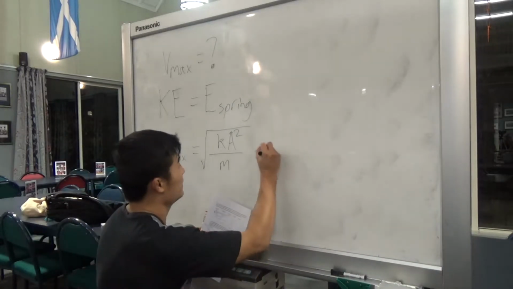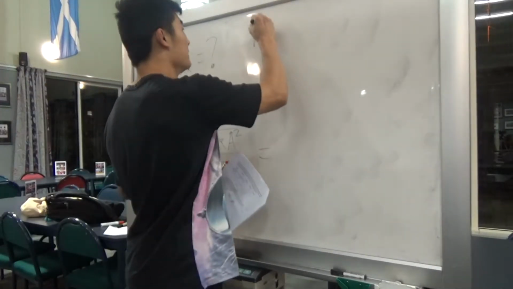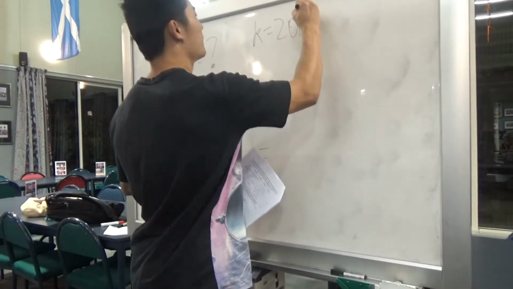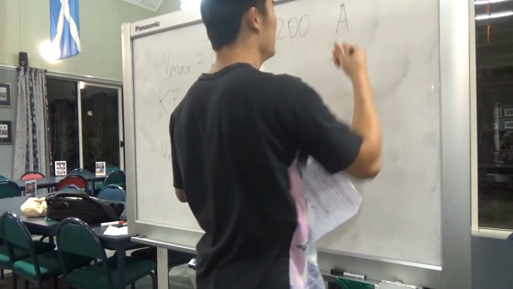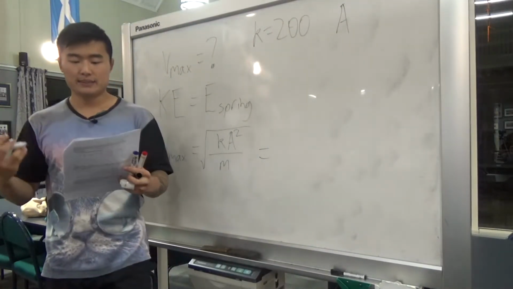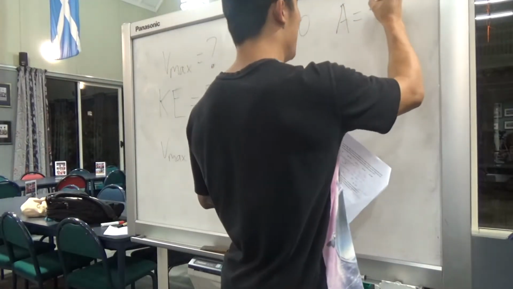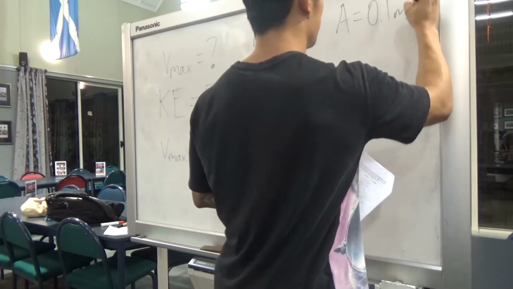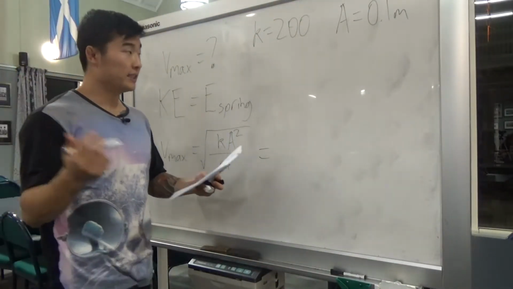Okay, so here we've been told the spring constant K is 200, and the amplitude is the maximum compression. So the maximum compression is 0.1 meters, so that's our amplitude, 0.1 meters. And our mass is going to be 0.01.